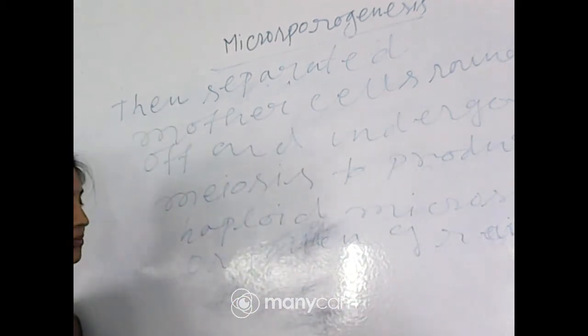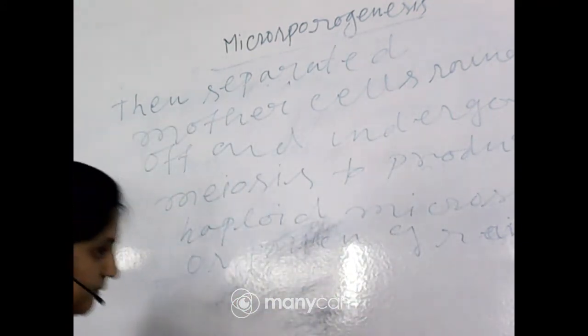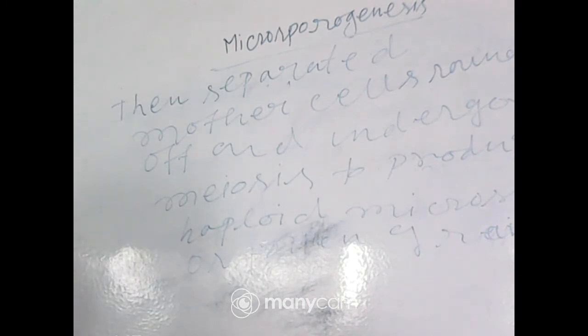So the separated mother cells round up and undergo meiosis to produce the haploid microspore.